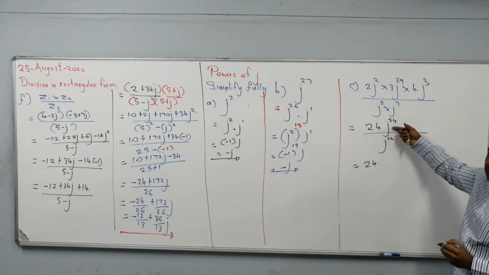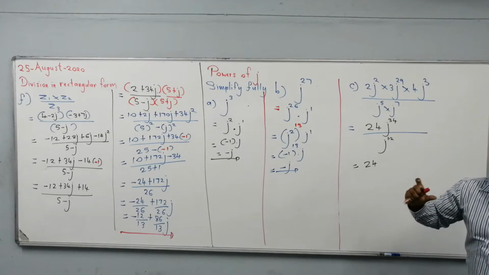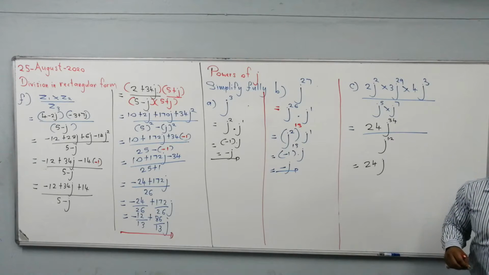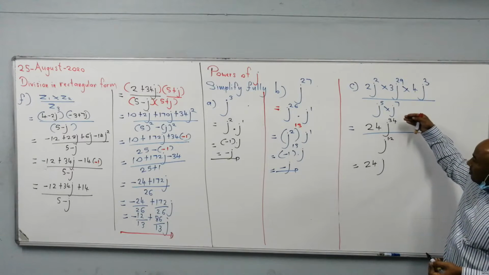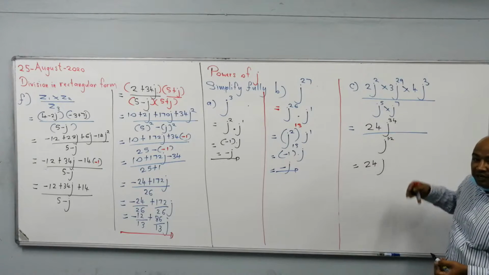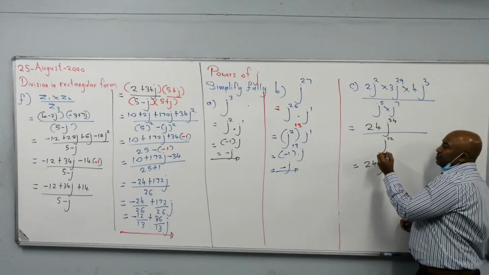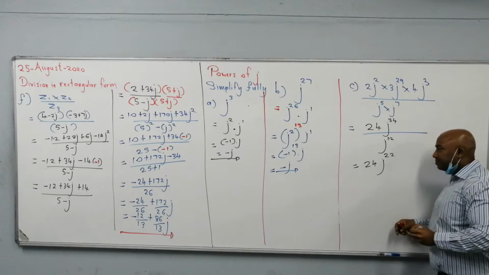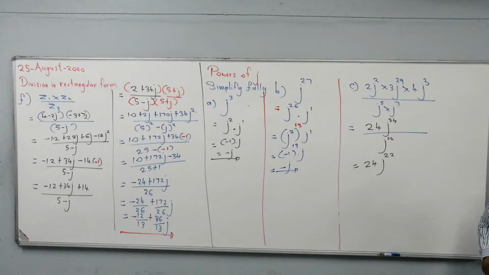What am I doing now? When I am dividing and the bases are the same, I will write down the base once and I subtract the exponents. So that's going to be 34 minus 12, which is 22. Now 22 is an even number.